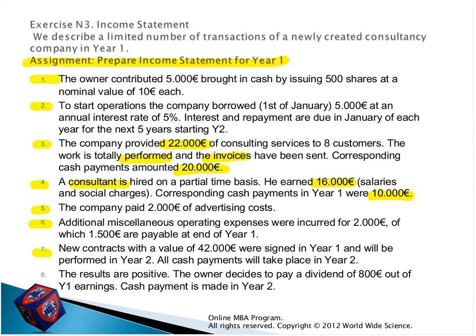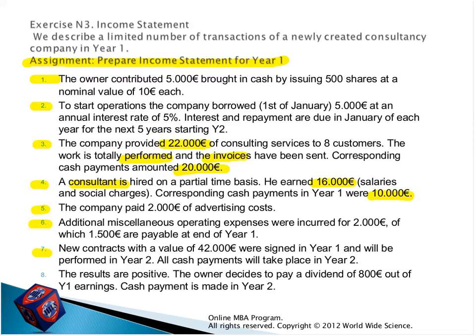What does this transaction say? That means we find our customer, or we find some partners, and we agree on some conditions and terms and sign the contract, which comes with the value of 42,000.